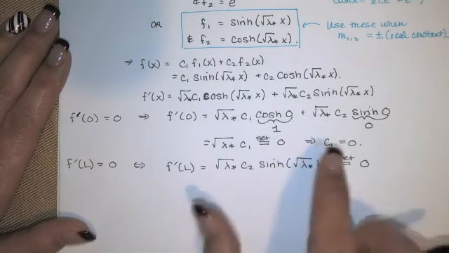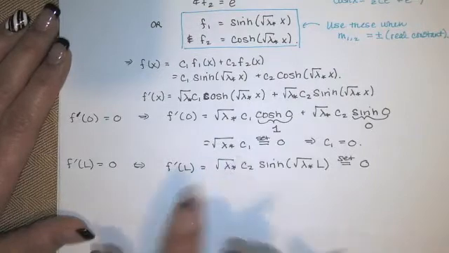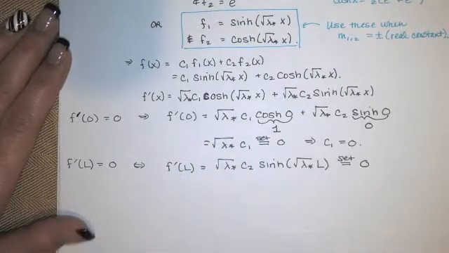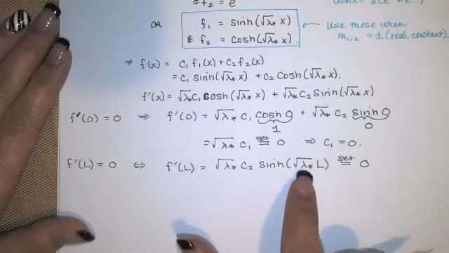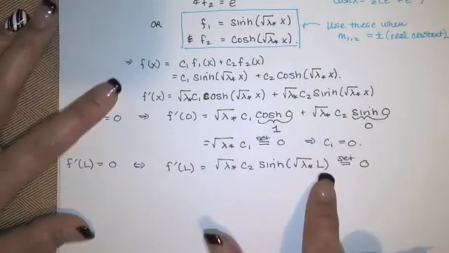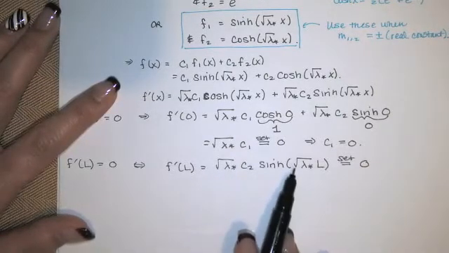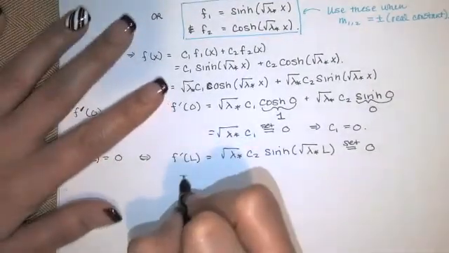Now if C2 is 0, then C1 and C2 are 0, and that would mean f is 0, which would mean we don't have an eigenfunction here. So we would like to assume that C2 is not 0 if we can. Then we've got this hyperbolic sine of a positive constant times a positive constant, and that's actually not 0. So the only way this could possibly be 0 is if this is 0, this is 0, or this is 0. So let's write that down.